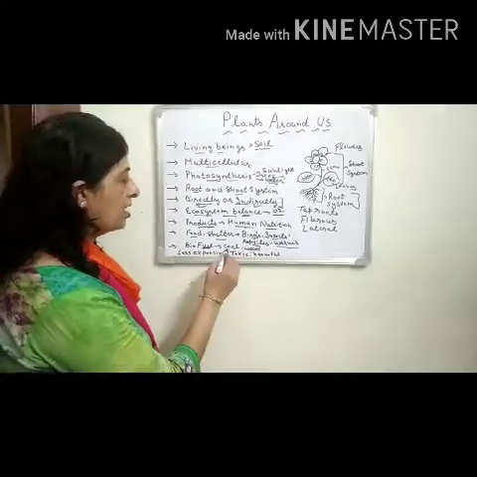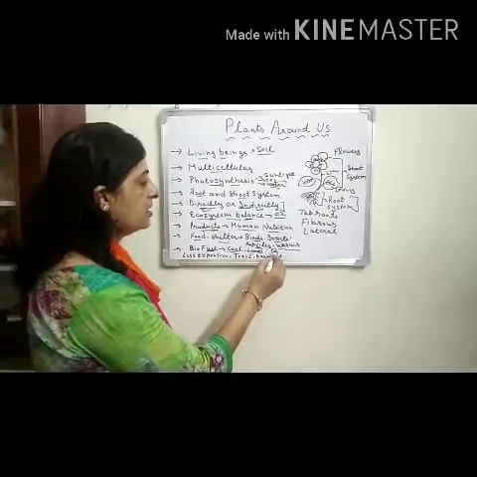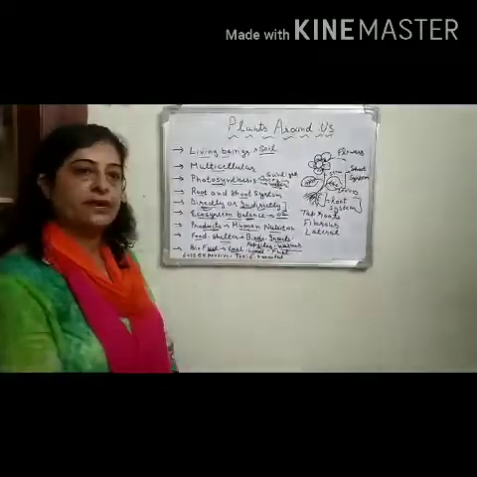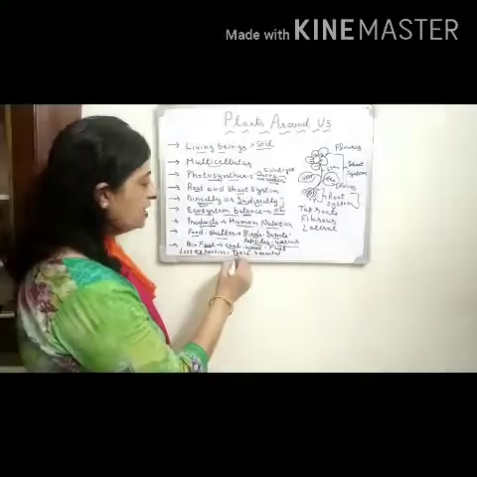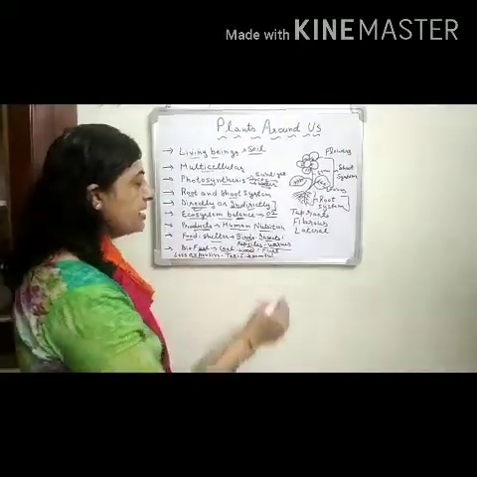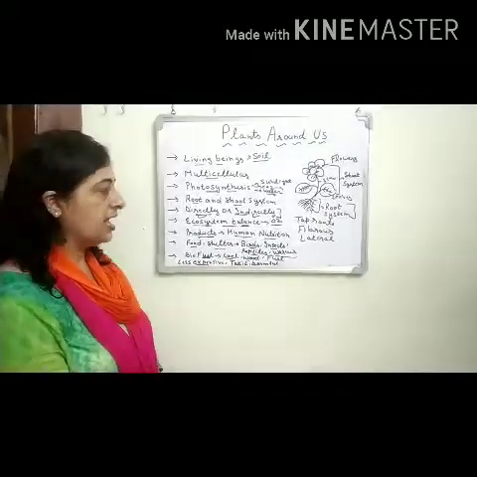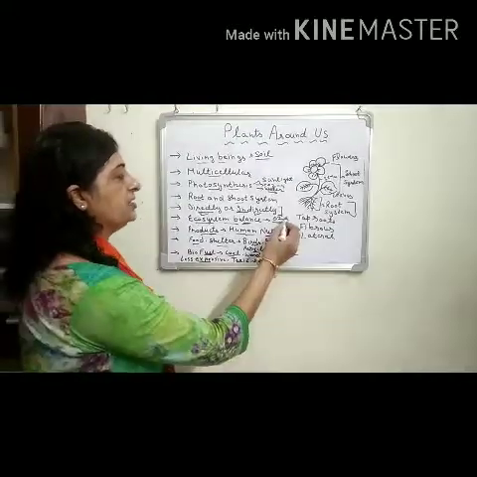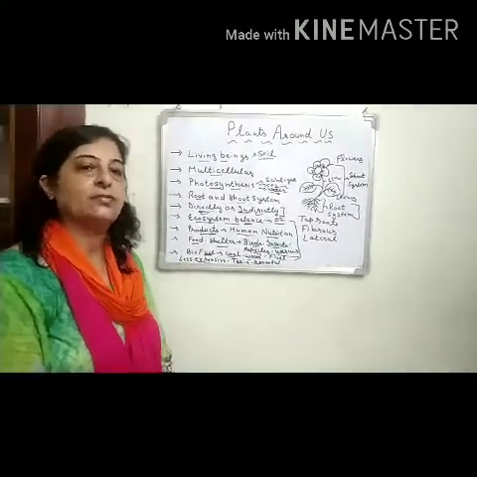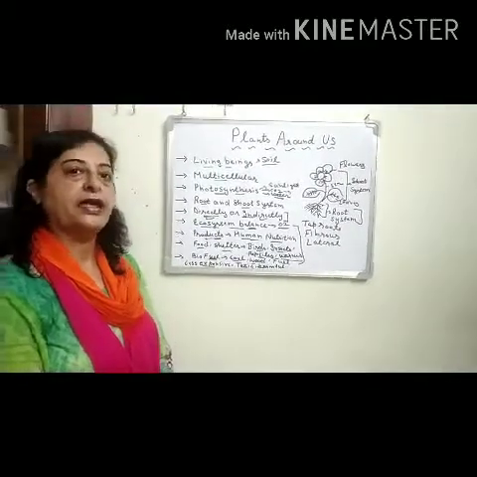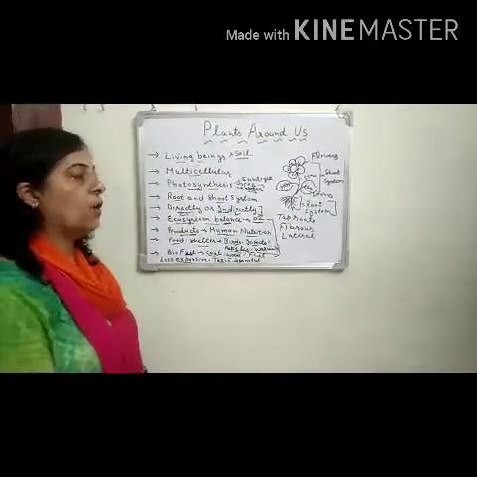Coal, wood and some other fuels we also obtain from plants. These fuels are less expensive, less toxic and less harmful, and that's why they are the best for maintaining the balance in the ecosystem. They are less harmful for our environment. So plants are a must for all living beings.